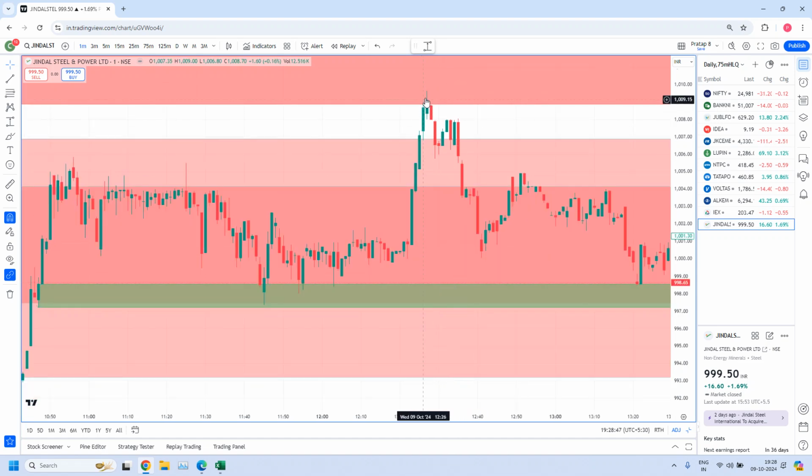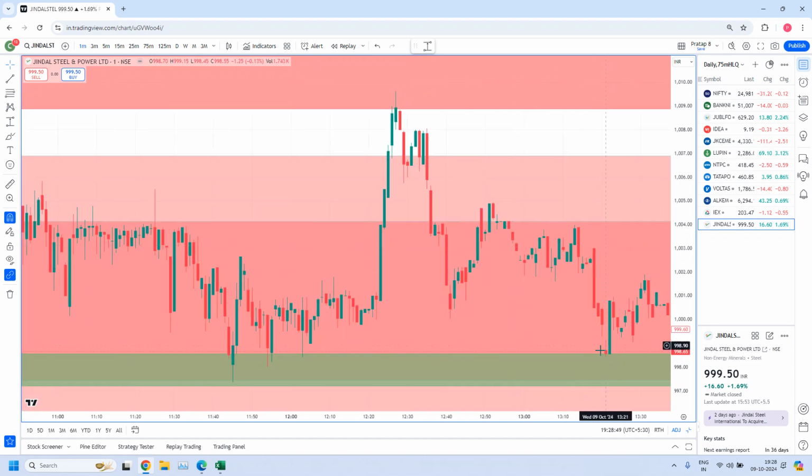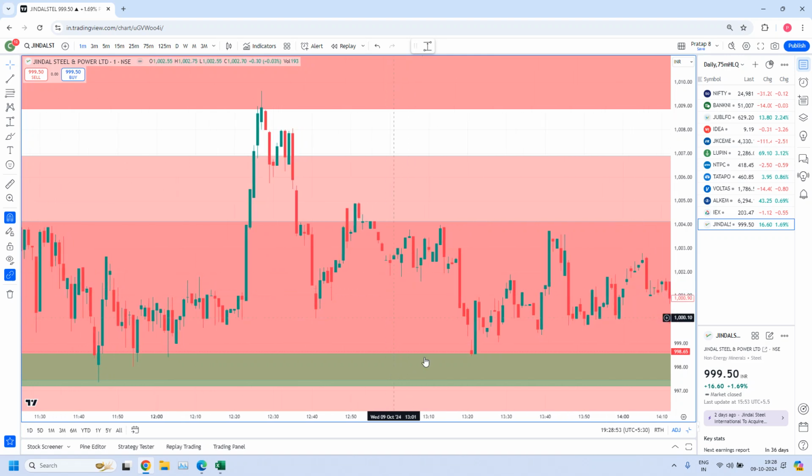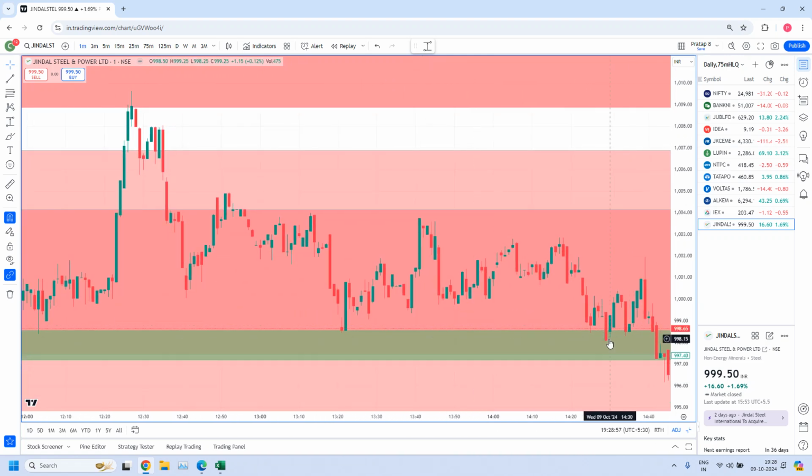Maybe that is the reason why, after you take the entry, this is the area you can exit. Even if you tried again, prices moved up, and once again they came down here. If you exited here, this is at 1 o'clock 21 minutes and this is at 2 o'clock 25 minutes.